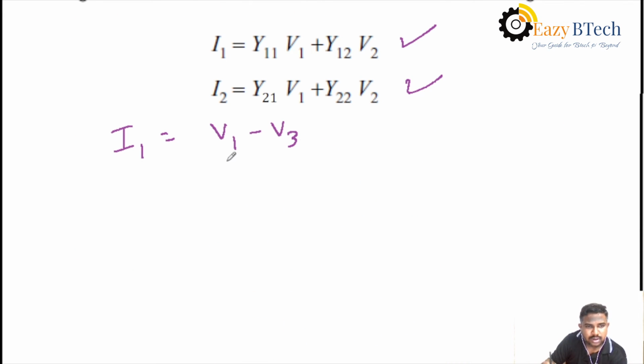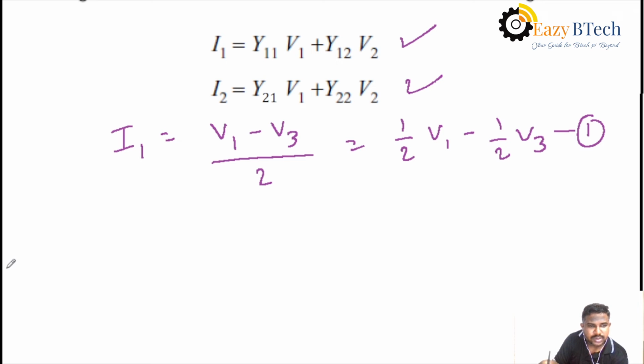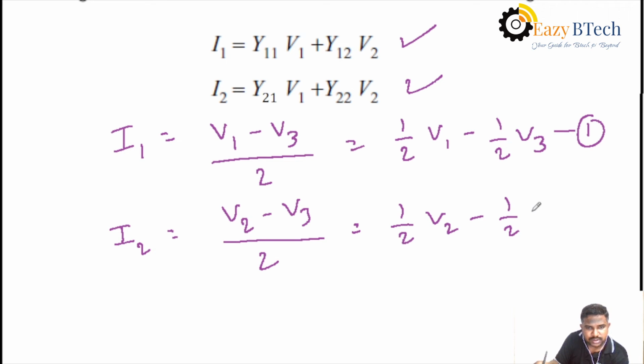That's why I1 is V1 minus V3 by 2, that is 1 by 2 V1 minus 1 by 2 V3. This is taken as equation 1. Similarly, the other leaving current I2, leaving from V2 and entering into the V3 node, is V2 minus V3 by 2. That is 1 by 2 V2 minus 1 by 2 V3.